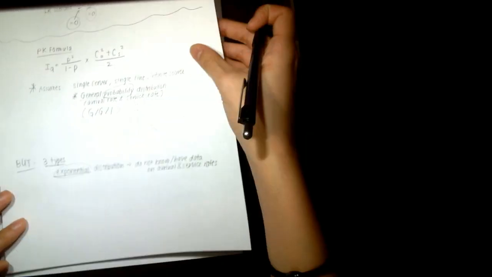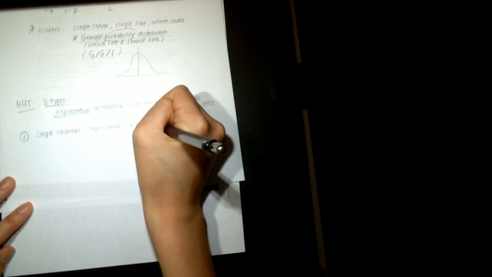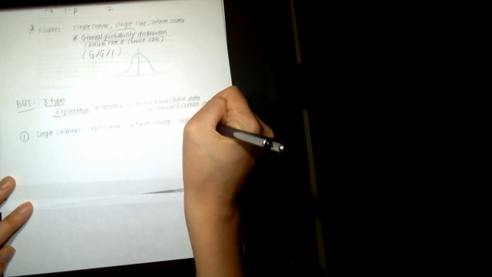So there's 3 types. The first one would be single channel, single server, infinite source, and exponential for both.